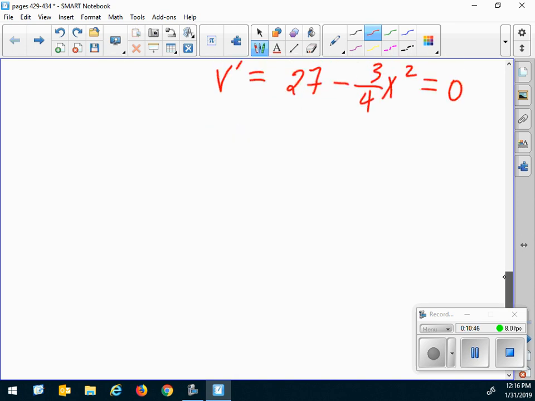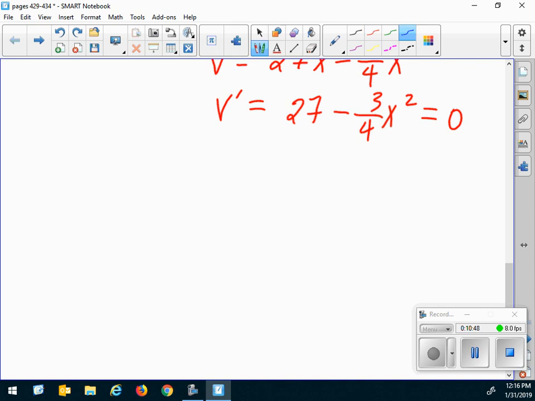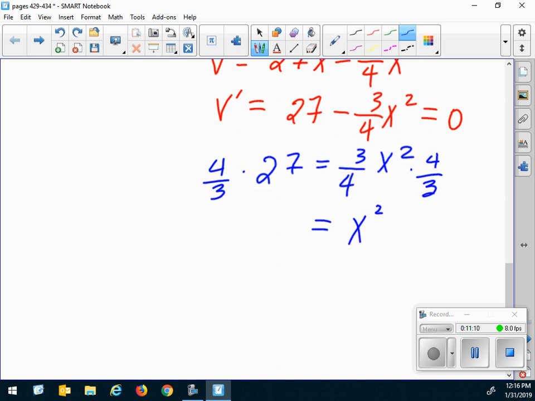My words come out like mush sometimes, but oh well. How do I solve that equation? Multiply both sides by 4/3. X squared equals 36.